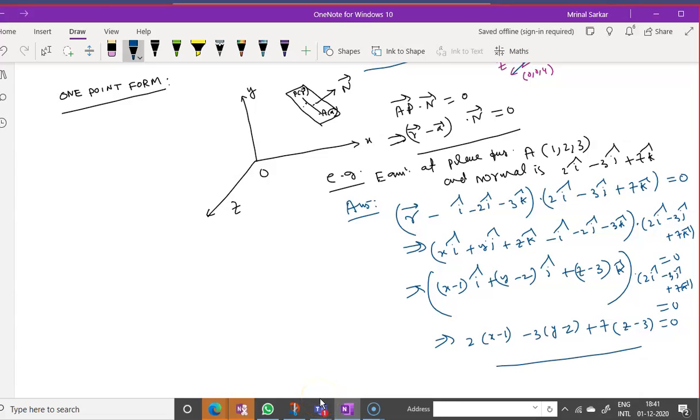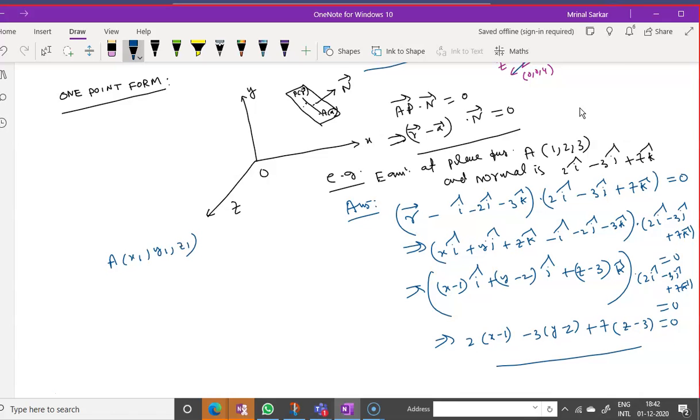In fact, you can get this in the beginning only, because the form we have derived here is called the vector form. What will the scalar form be? Let that point be x1, y1, z1.